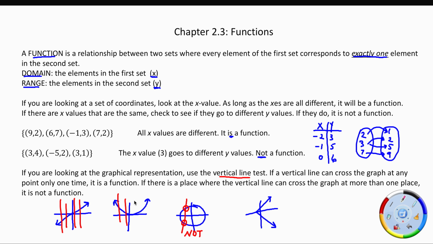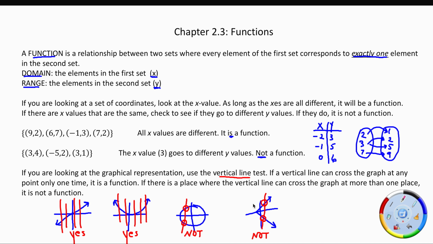If the vertical line can only cross the graph at one point, it is a function. So is this last one over here a function or not? Well, it is not a function because it does not pass the vertical line test.